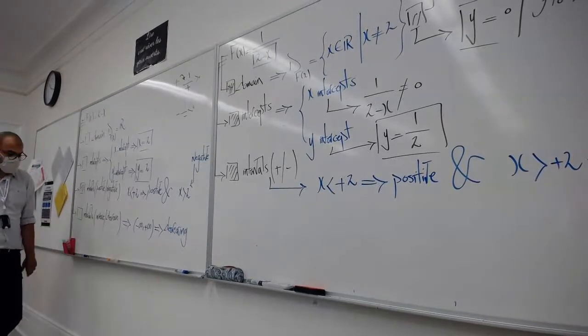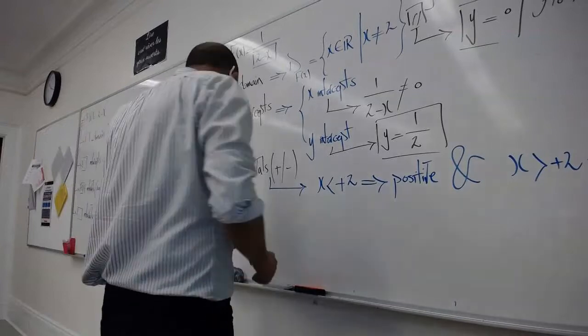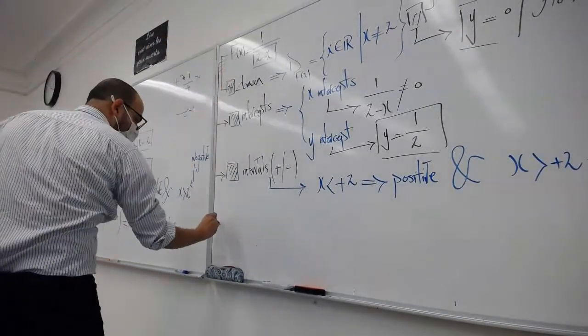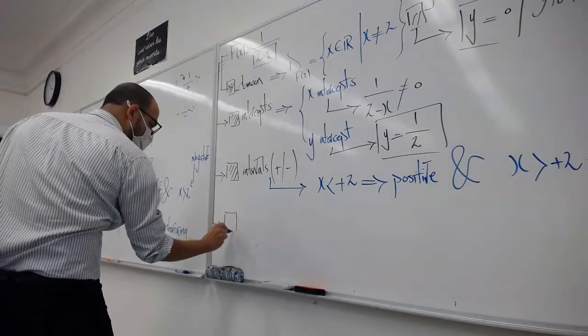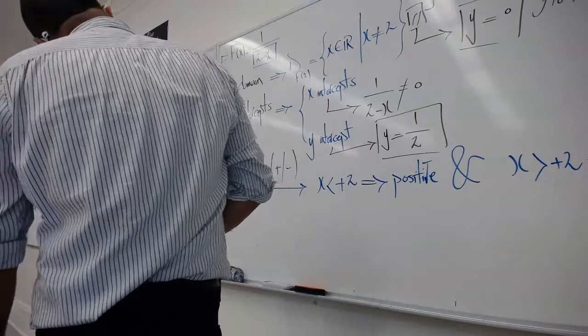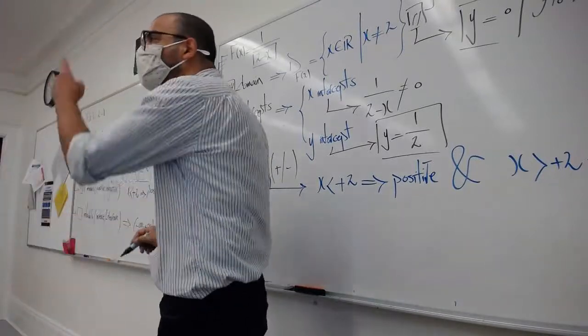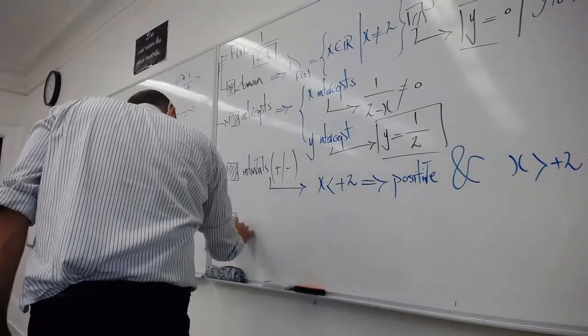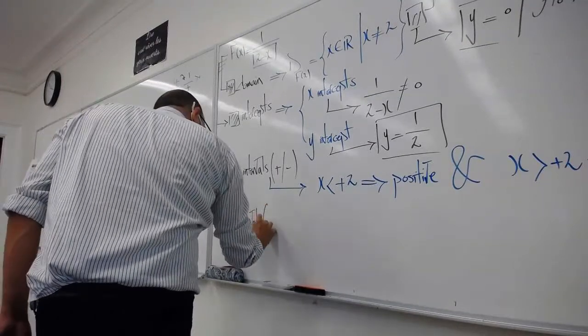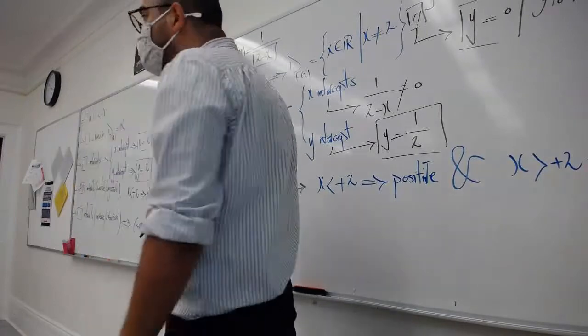Now, the last thing which you do before you just go to solve one of those problems on your own is this. The intervals of increase or decrease. Now, I'm a little bit lazy.